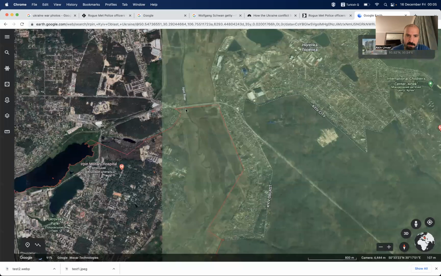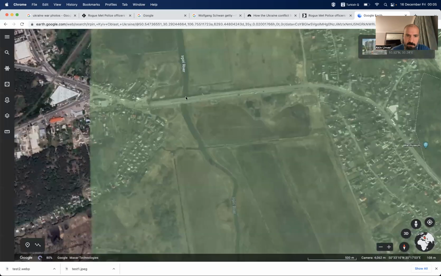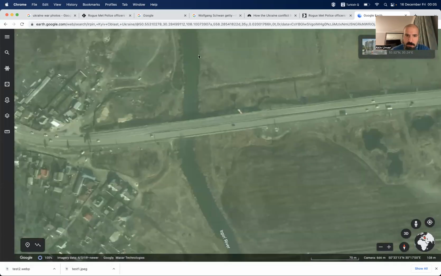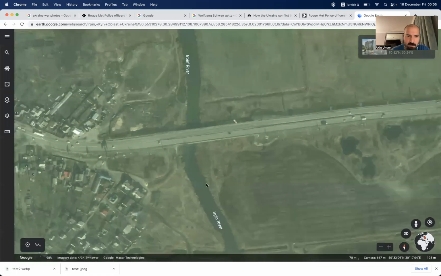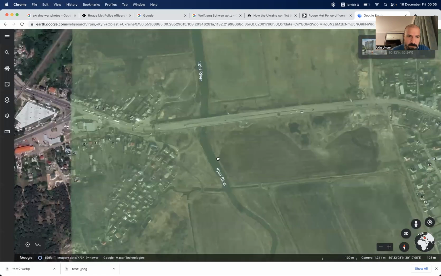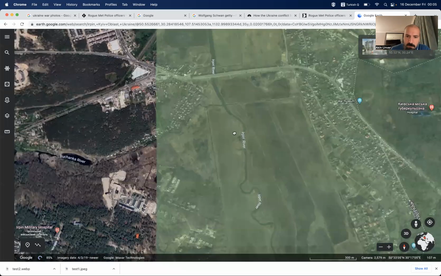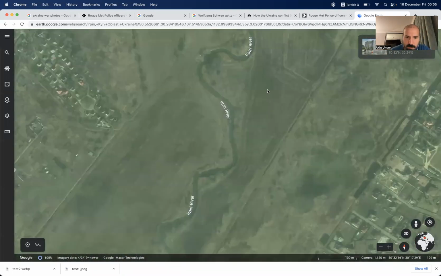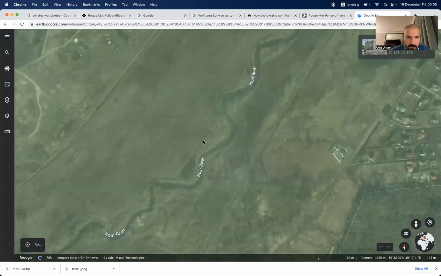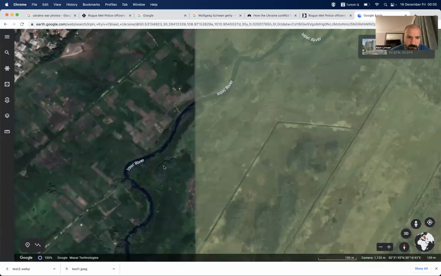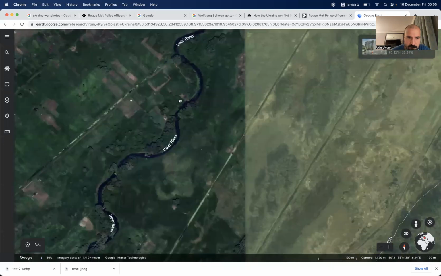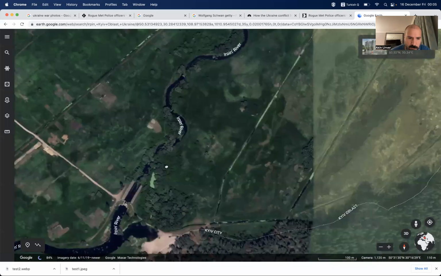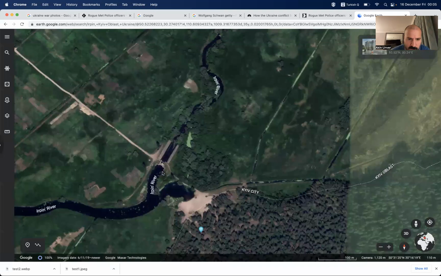It is basically connecting Irpin, because if you can see clearly, this is a bridge and it connects Irpin. It continues. I'm still looking for bridges that might be destroyed by Russia. No bridge, no bridge. There is a bridge here.